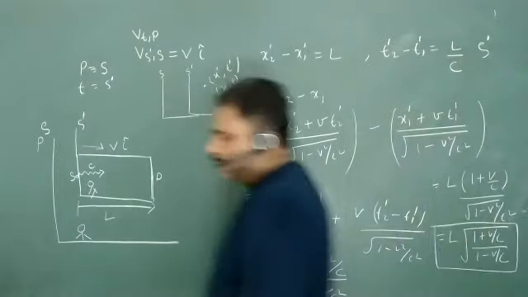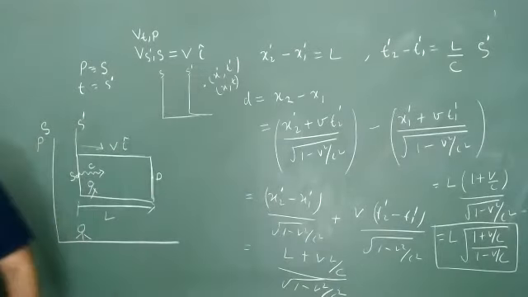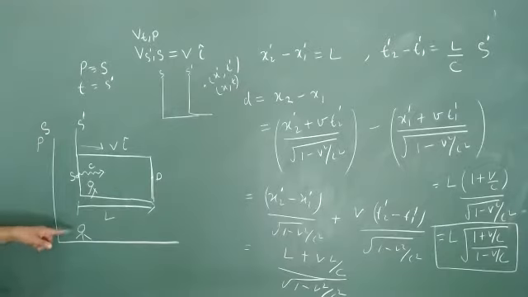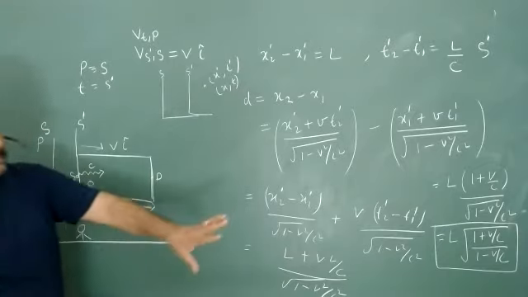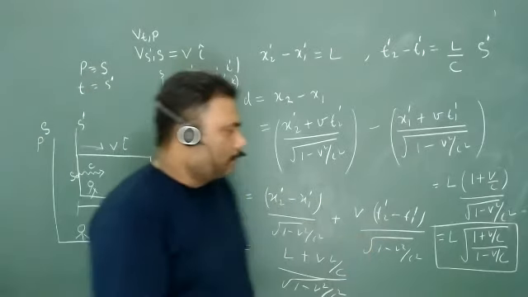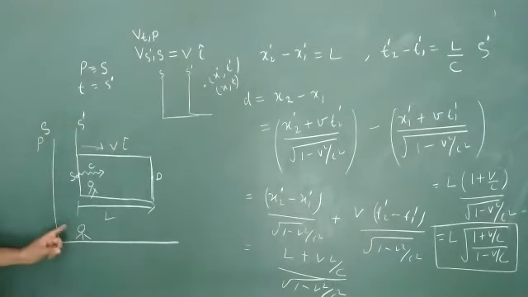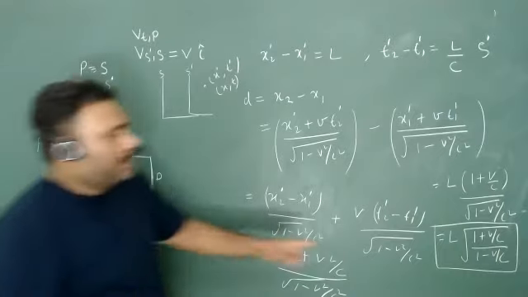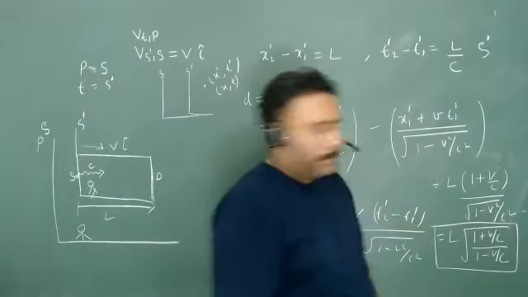This is my effective distance traveled by the light pulse with respect to this particular person. And yes, this is more than L. I will discuss why it is more than L; that is a different issue. But yes, he will see this much distance traveled by the light pulse.